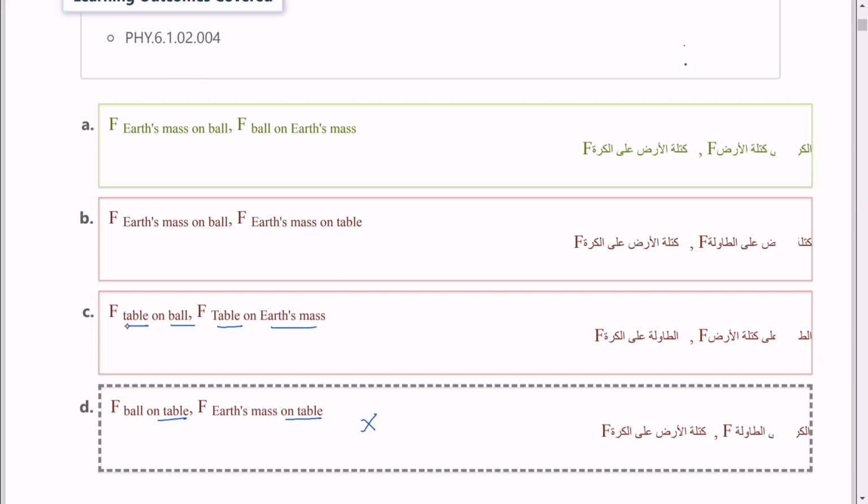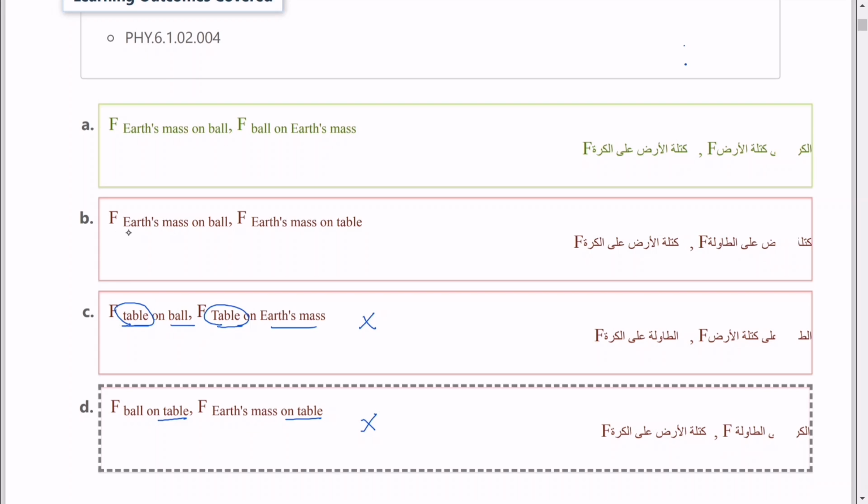Here the object which is applying the force is the table, and here also the object applying the force is the table. So this is also not correct. The object applying the force must be different. If one force is applied by object A, then the other force will be applied by object B.